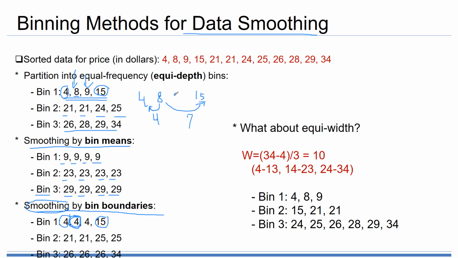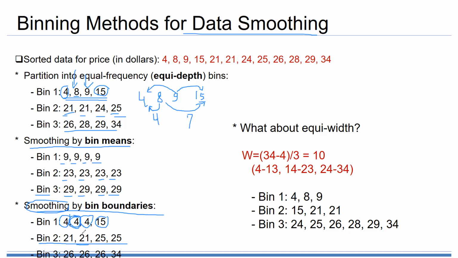What about 9? 9 is also the same. It has a distance 5 to 4, but a distance 6 to 15. So the boundary becomes 4. Bin number 2 is also the same. We have 21 and 25, which are the minimum and the maximum.